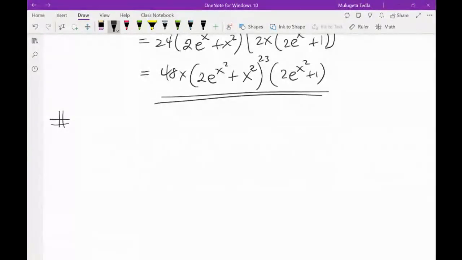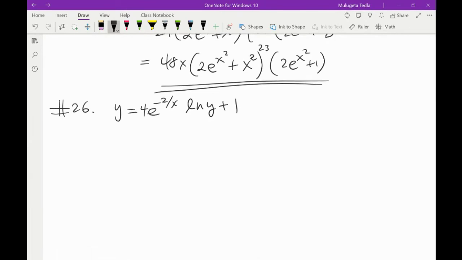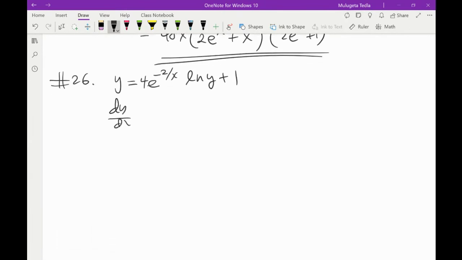And the implicit function is number 26. y equal to minus 2 over x times 4 ln y plus 1. So dy/dx, let me see.